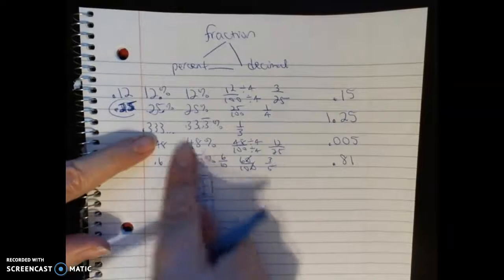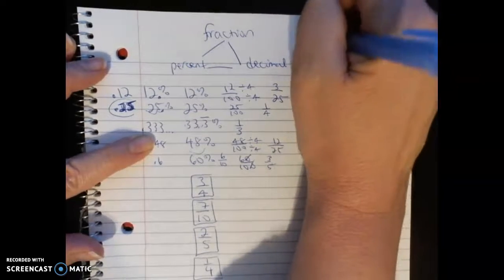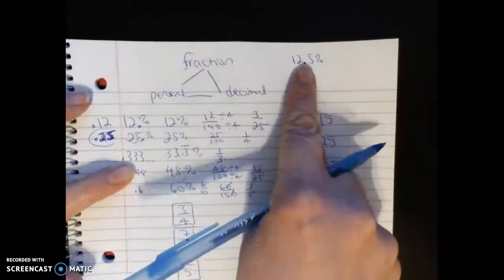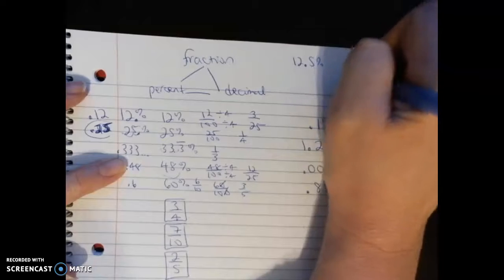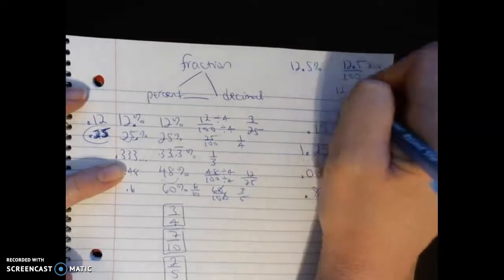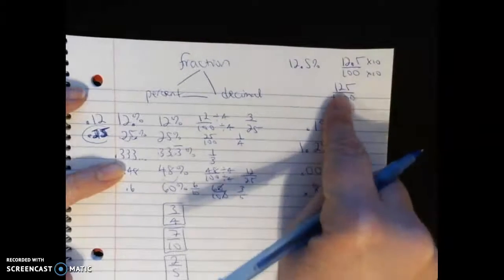The other thing is, if you have a decimal percent, so say you have like 12.5% and they want it as a fraction, you would put 12.5 out of 100. And again, if you had this memorized, it would make life easier. I'm going to scale it up by 10, both, to get rid of that decimal point, because again, decimals and fractions really don't mix.